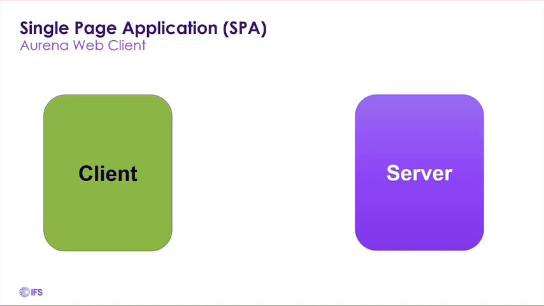We have already created a unique IFS Applications instance for each and every one of you. This instance is of version IFS Cloud 22 R1 service update 1. Let me show you how to access this instance from within your VM, and then we can browse through the Arena client just to get a feel of it. Then we will come back to the slide and discuss how it works behind the scenes.